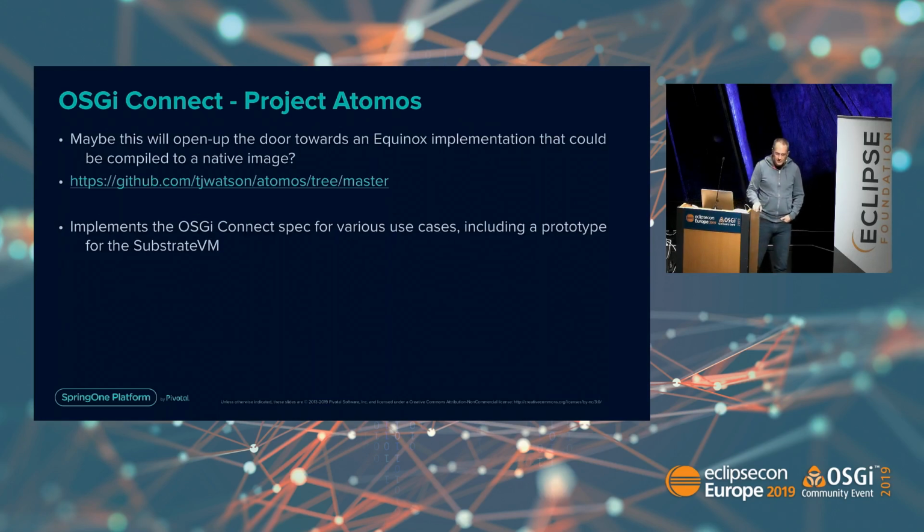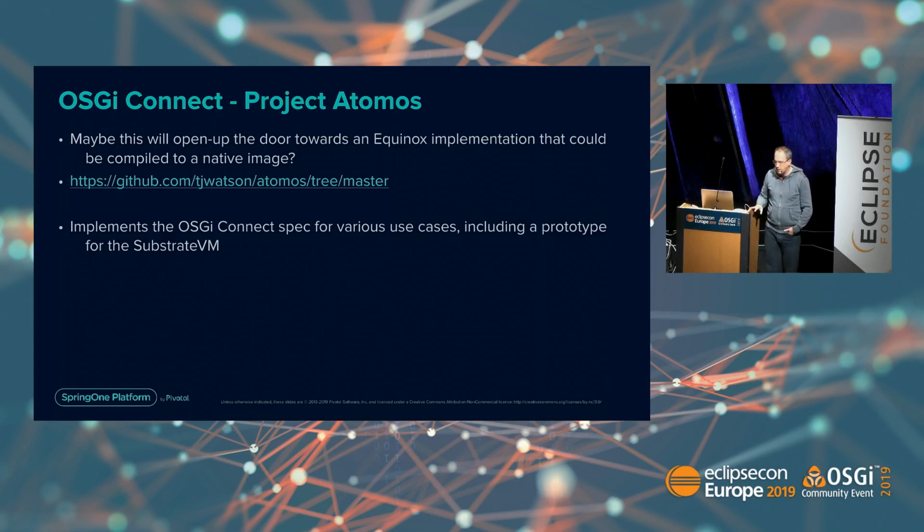Interestingly, there is a new spec coming along for OSGi called OSGi Connect that allows you to tell OSGi how to find bundles and how to load bundles and things like that. So you can implement your own way of dealing with that.